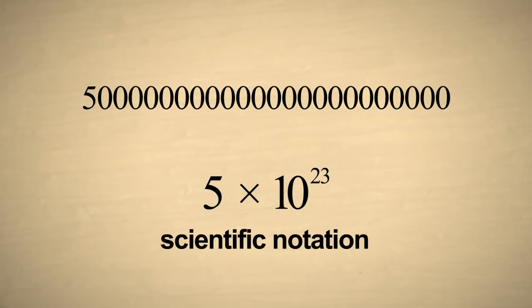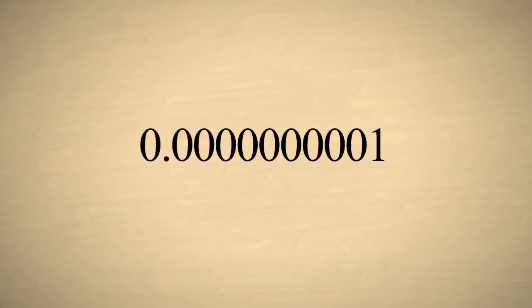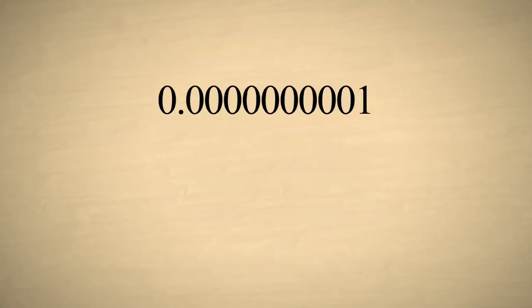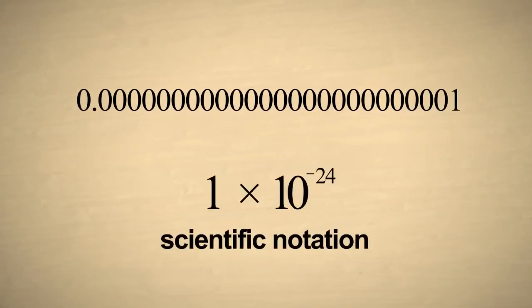Very small numbers are also much easier to express in scientific notation. For example, the size of an atom of helium, about 1/10,000,000th of a meter, expressed in scientific notation is 1 times 10 to the negative 10 meters. And 1 yoctosecond is 1 times 10 to the negative 24 seconds.